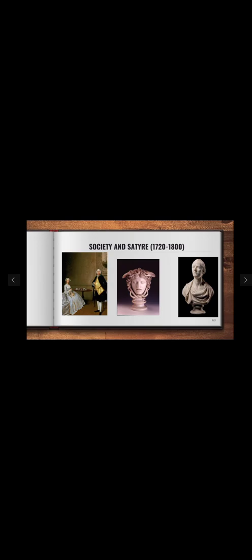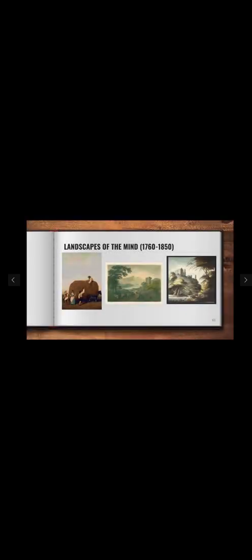The next one is Landscape of the Mind. It's from 1716 to 1850. It delves into various senses of the landscape. The paintings of Wilson, Thomas Gainsborough, George Stubbs, and Turner evidence the emergence of landscape painting and its development until its peak in the late 18th century.